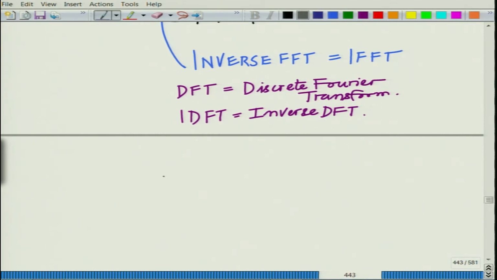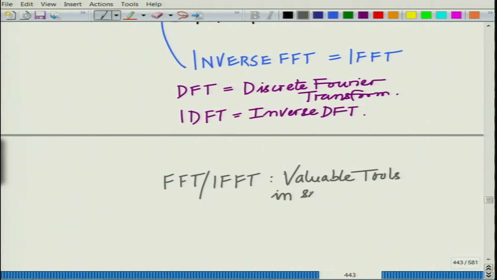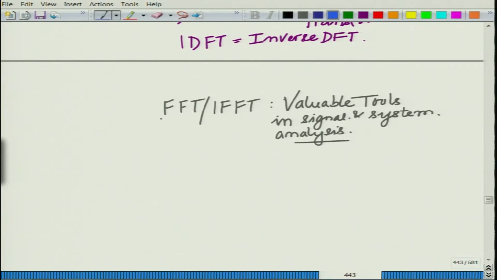So, FFT and IFFT, these are valuable tools in the analysis of signals and systems, that is signals and system analysis, and this is basically what is known as the Fourier analysis, that is Fourier or the harmonic analysis.